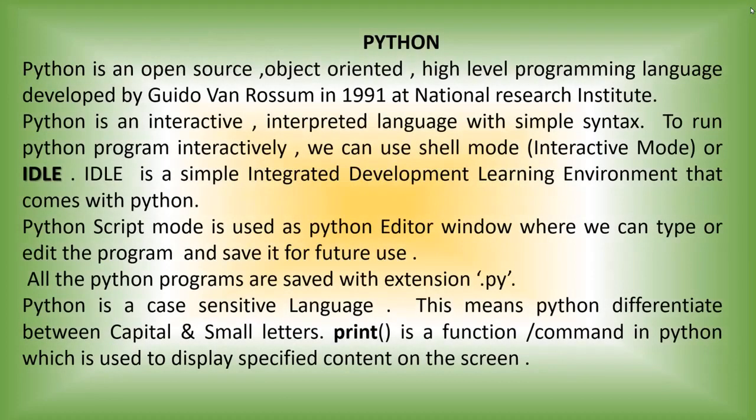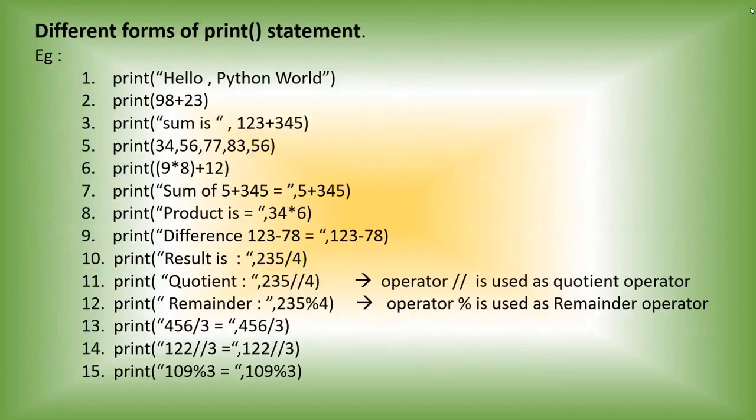So now we studied the print command in different forms. I have mentioned a few questions over there. Try out all these things in your system. In each case, before trying it out, you have to find the answer yourself, and after that you try it out and compare whether the answer is correct or wrong.